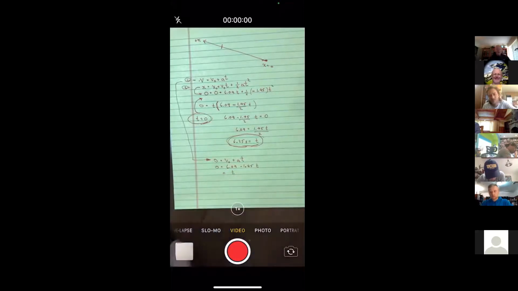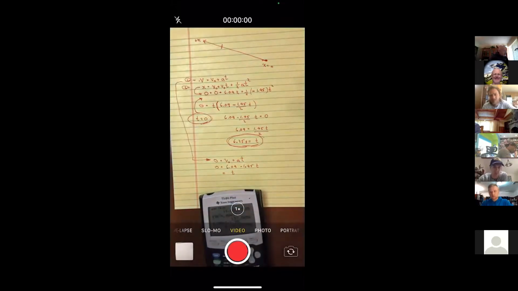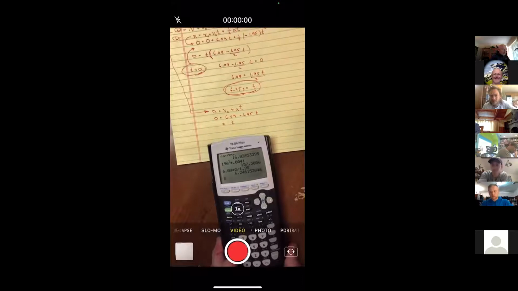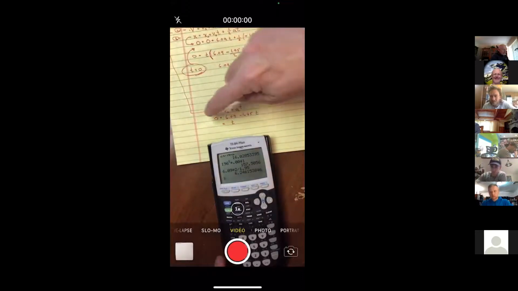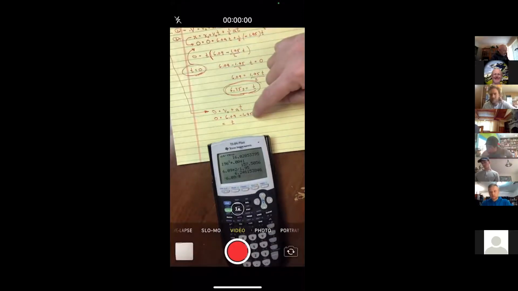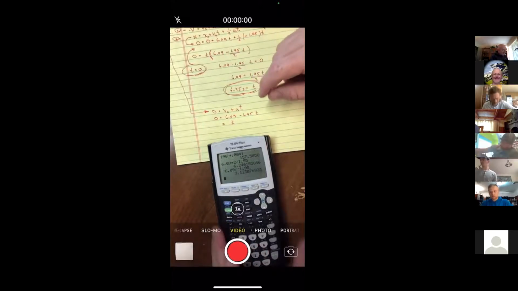And so if I solve this for t, this would move over to here and become a negative 6.09. And then I would divide it by a negative 1.95.